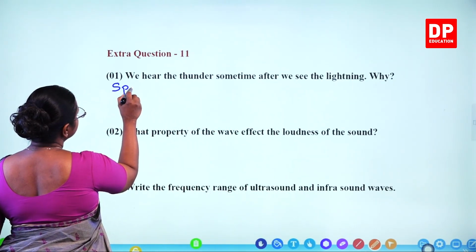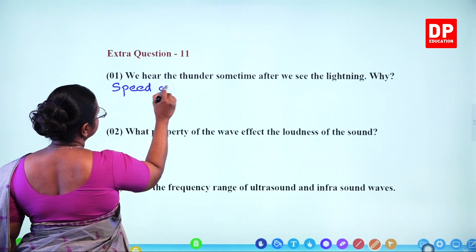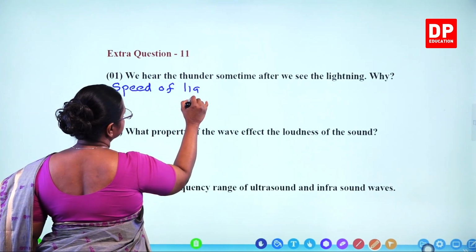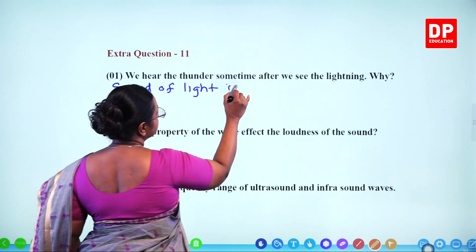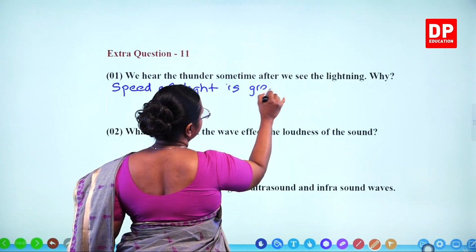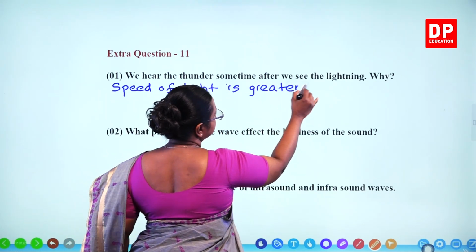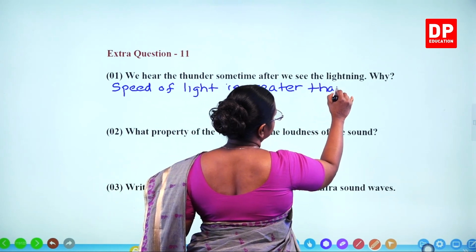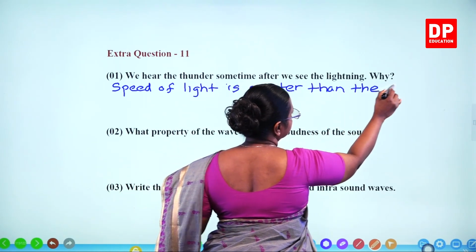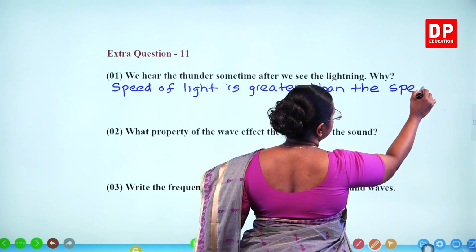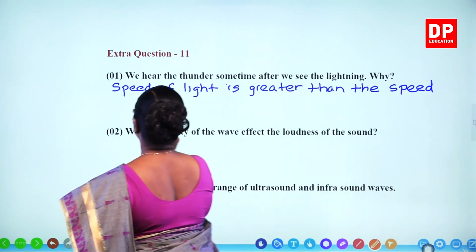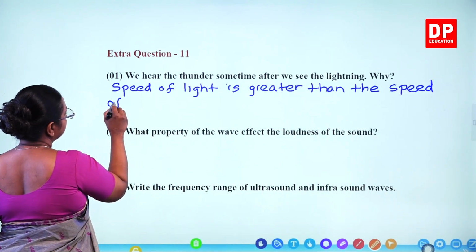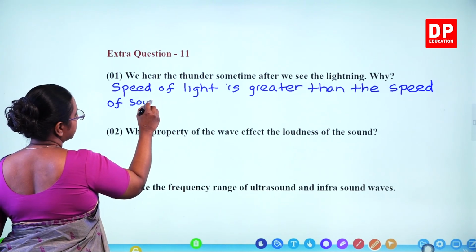Speed of light is greater than the speed of sound.